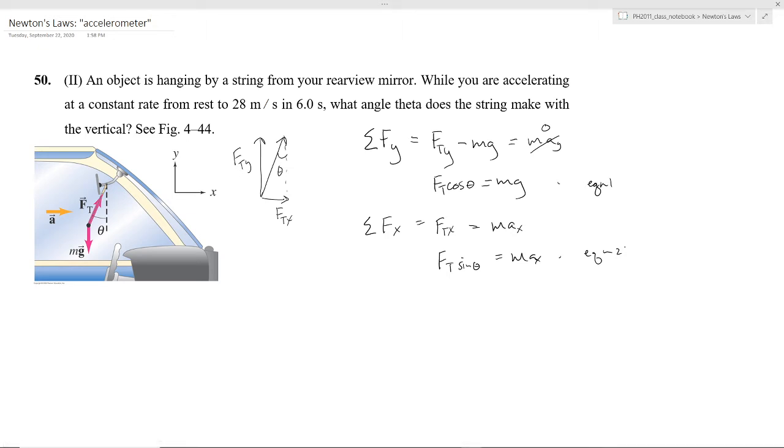One way to go about this, you could imagine solving one for the angle, say, and substituting it into the other. Something that works really slick with this question is to divide them. So we can divide 2 by 1.